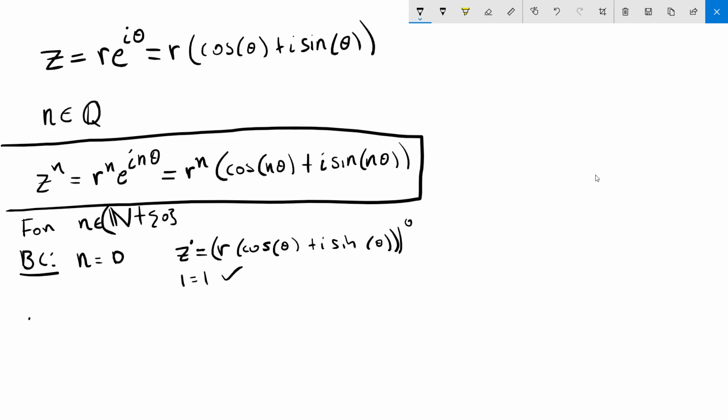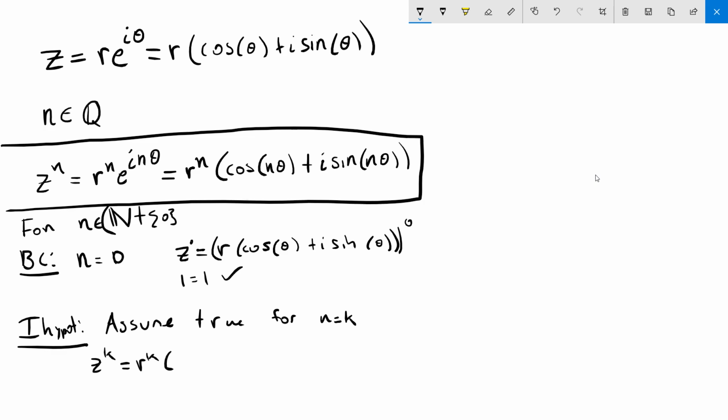Now our induction hypothesis is that we assume this holds true for some fixed value n equals k. And we want to show that it's true for the n equals k plus 1 case.